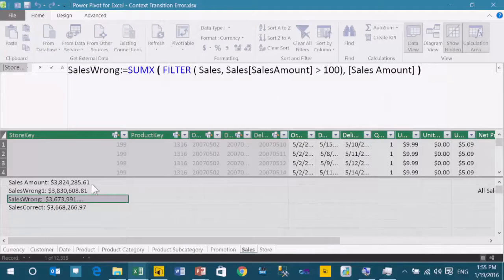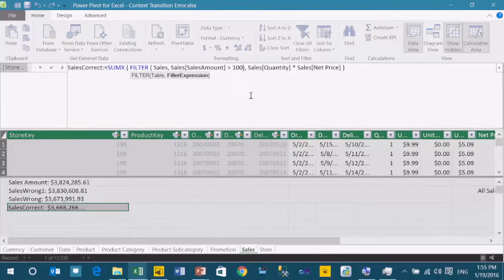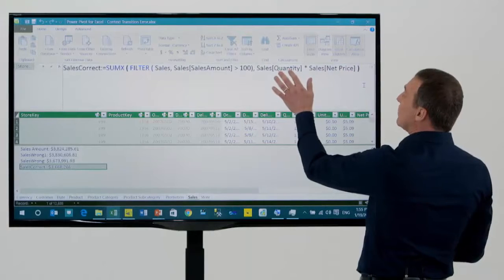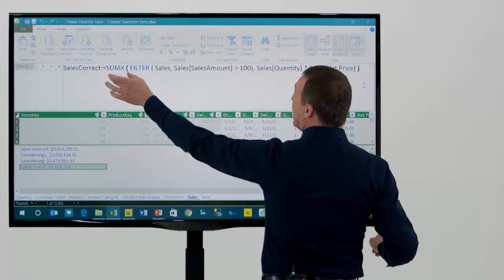You might expect the number to be correct, whereas in reality, the number is not correct. Because if you show me Sales Correct, the correct way of computing it is computing SUMX over FILTER, and then do not rely on context transition. Instead, multiply Quantity by Price during the iteration.